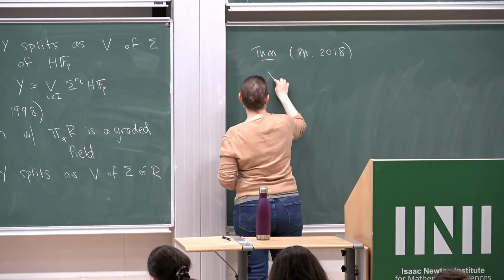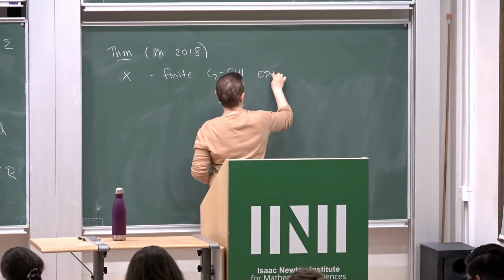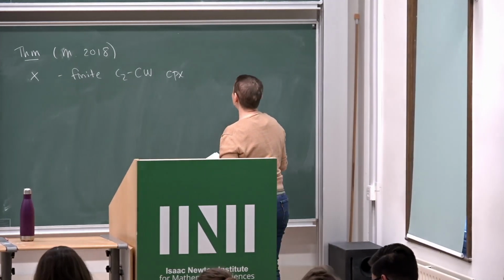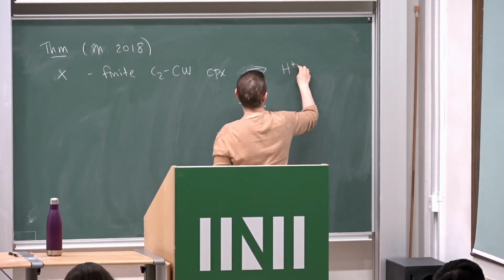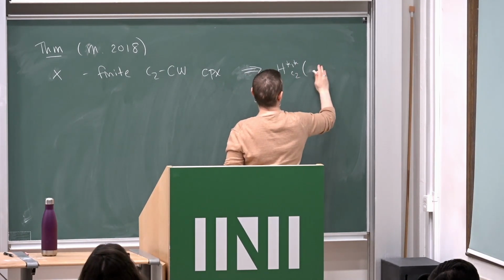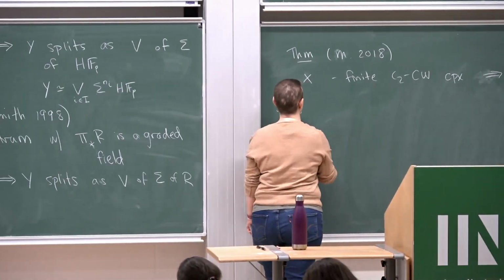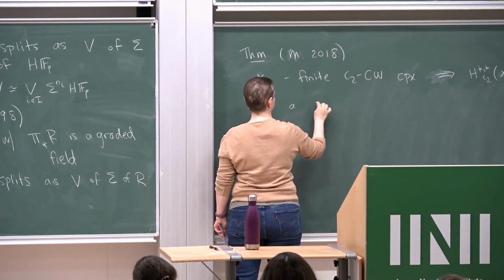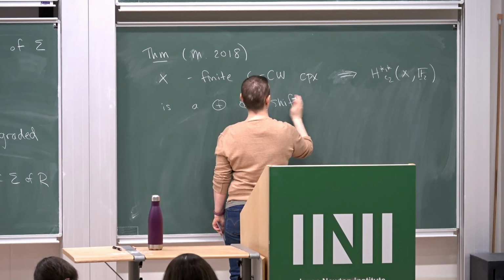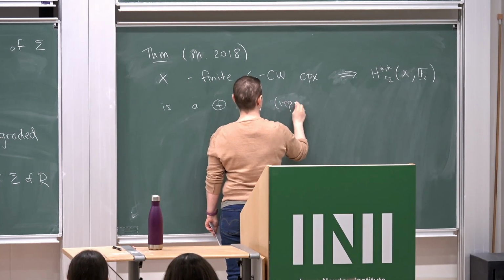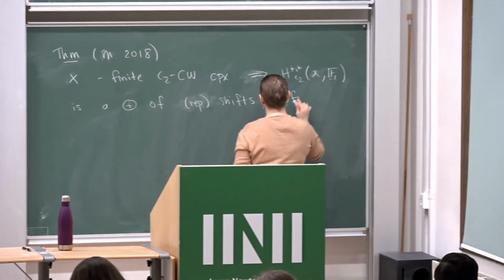So if X is a finite C2-CW complex, finite meaning finitely many of these orbit cells, then its RO(C2)-graded cohomology in this analog of F2 coefficients, given by the constant F2 Mackey functor, is just a direct sum of shifts, representation shifts, because we're working RO(G)-graded, of two kinds of things.